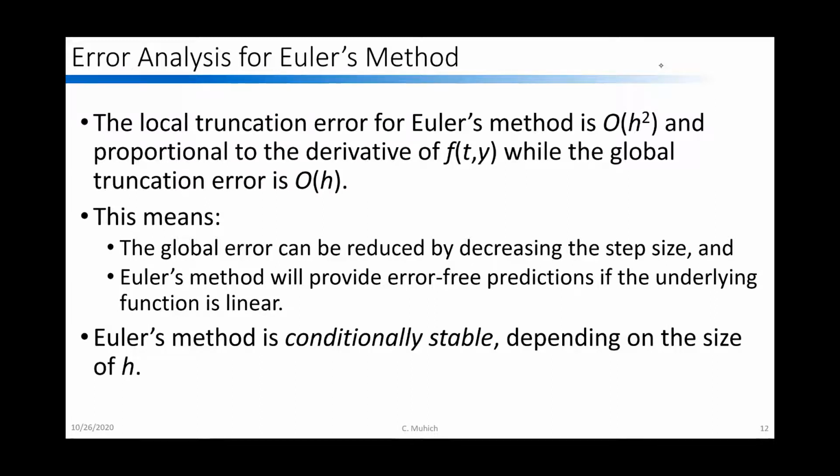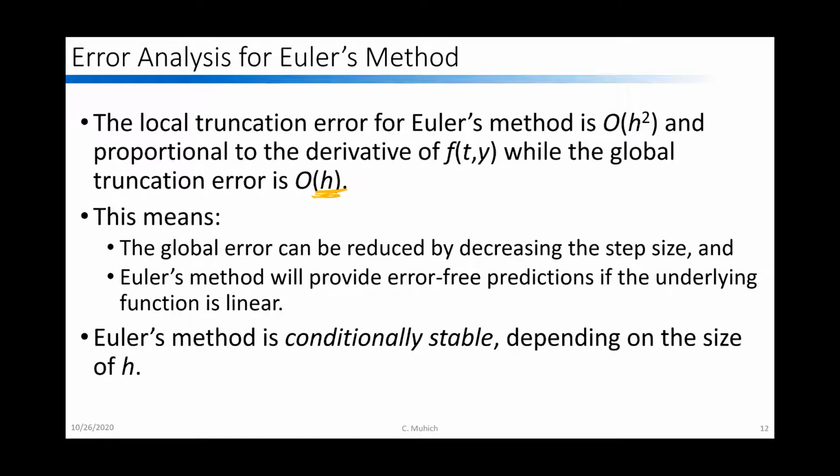If my derivative is relatively shallow, I'm not going to have much error. Now, if we look at a global scale, the global truncation error is on the order of h. So once again, we're moving back to a linear truncation error. The good news, though, is that our global error can be reduced by changing step size. So as I decrease this h, I should have a better and better error.